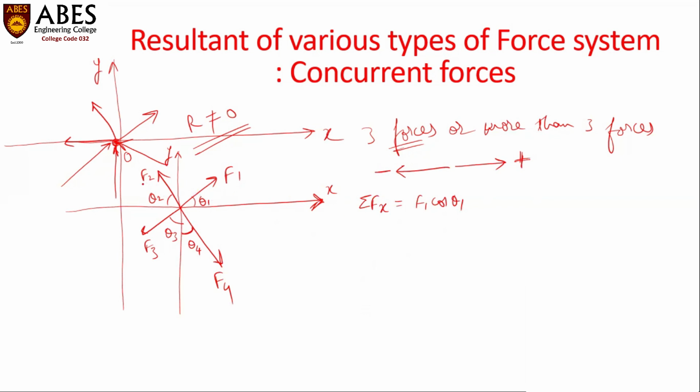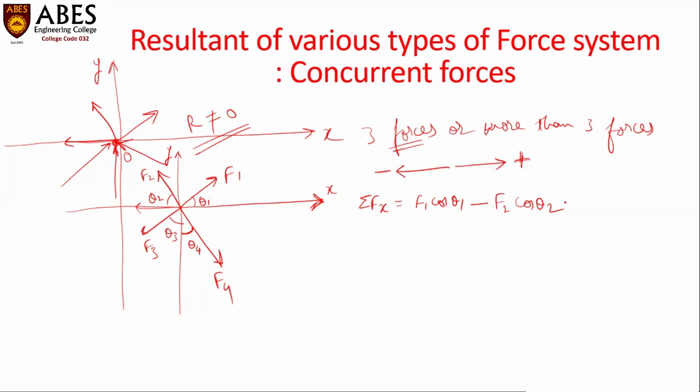Now the horizontal component of force F2 will be towards left, and we are taking left-hand side forces as negative. So it can be written like this, minus F2 cos theta 2. Now let's see the third force, F3. The angle has been given with vertical. So the vertical component will be cos component and horizontal component will be sine component. And this sine component is going towards left once again for the force F3 also.